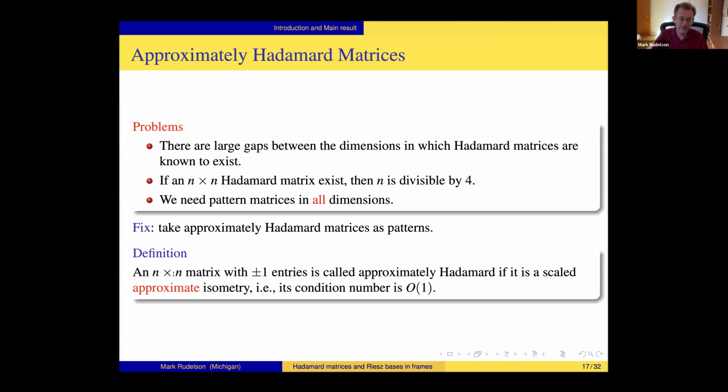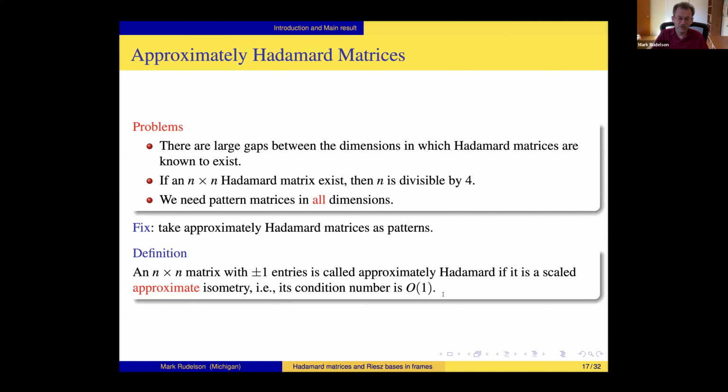This will be matrices with plus minus 1 entries. We already know that we cannot afford only 2 values, which are scaled approximate identity, which means that the condition number is about 1. Not precisely 1, but about 1.